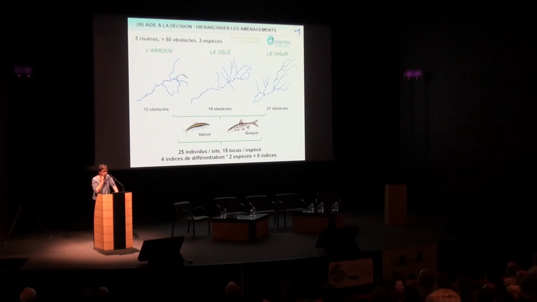So first of all on the Aru and the Sélé and Vior. So 12, 19 and 21 obstacles for each river with 2 species of fish upstream and downstream of each obstacle, and also the quantification of 4 parameters, 8 parameters in total.